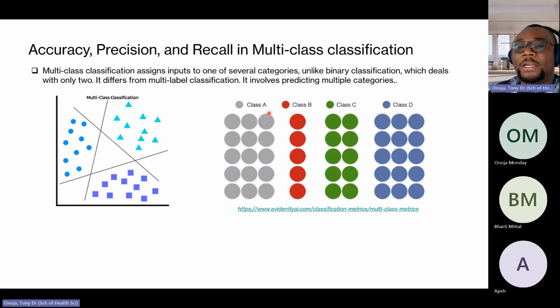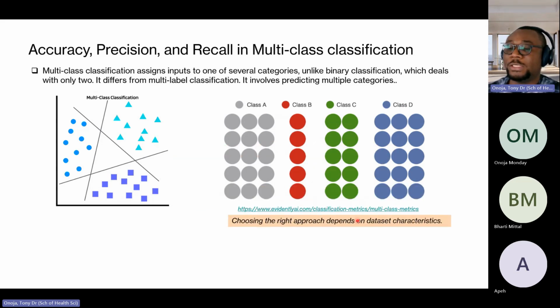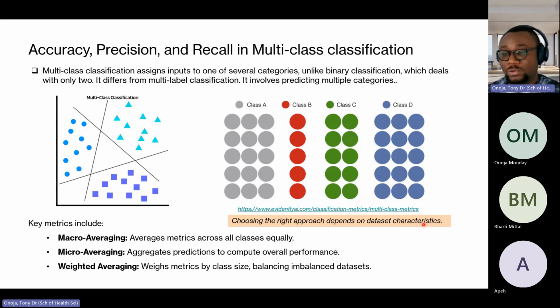Now, consider, for example, class A, class B, class C, and class D. So you're looking at a problem that has four different categories, and you want to make sure that what you're doing makes a lot of sense. Choosing the right approach will depend on the characteristics of your problem. Also, you have to integrate important issues like the domain specifics.